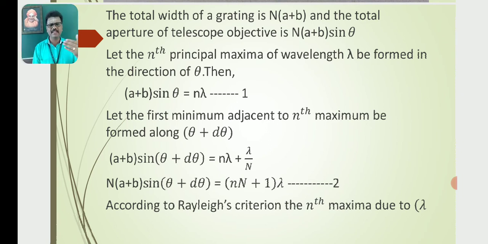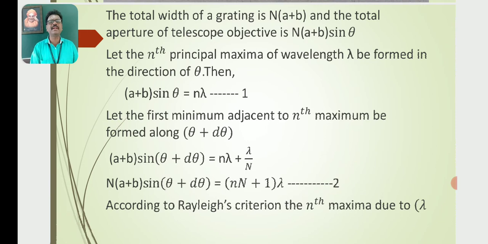Then in the above equation, theta is replaced by theta plus d theta, so equation 1 becomes a plus b sin of theta plus d theta is equal to n lambda plus lambda by n. Further, this can be written as n into a plus b sin theta plus d theta, which is equal to n plus 1 into lambda. Let this be equation number 2.